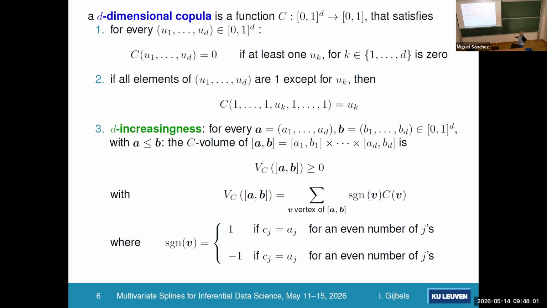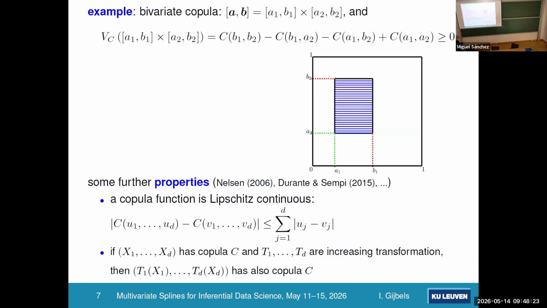What I also need is that if I have an area in the hypercube of dimension d, then it needs to get positive probability. A probability cannot be negative, right? You can express that in a general way, but let me show you a picture in the two-dimensional case. This is the unit square, and I have this blue area here.